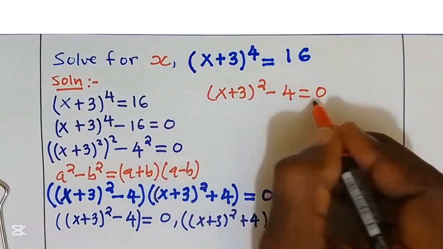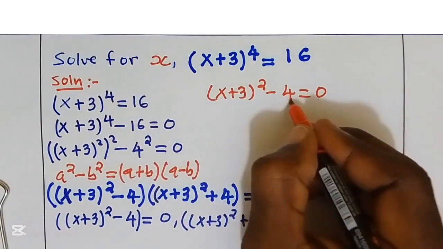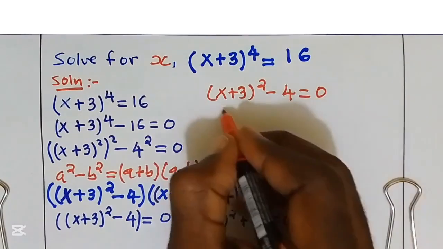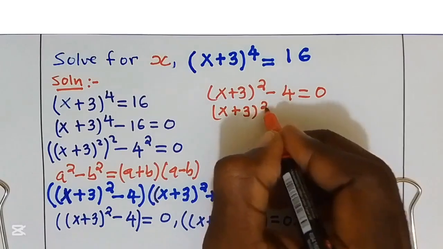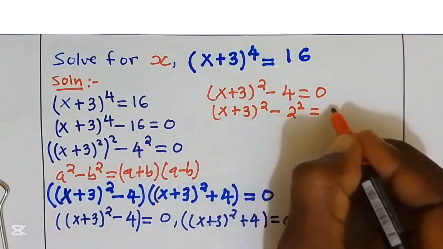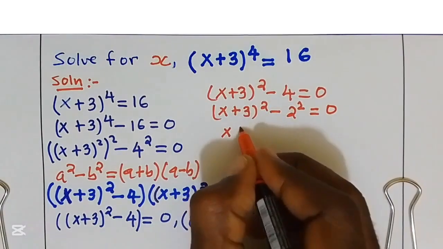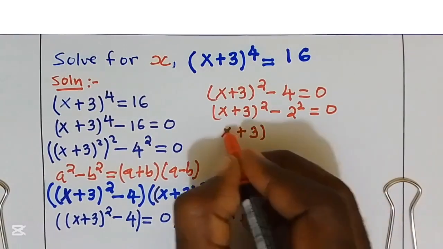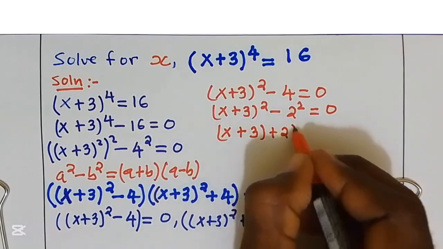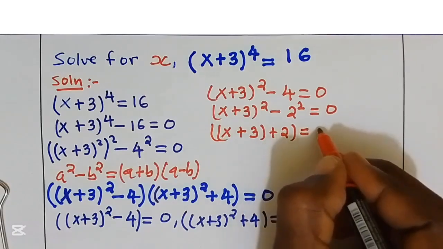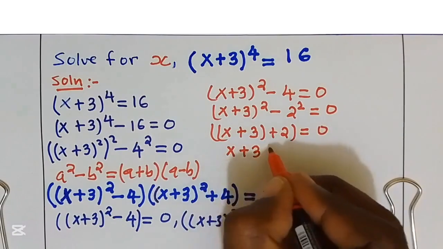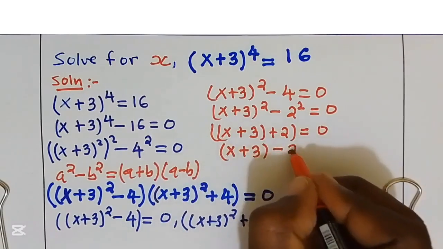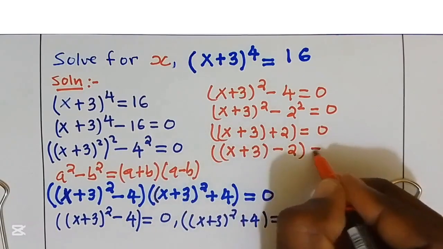This is another difference of two squares because I can put 4 in the form of 2 squared. That is (x + 3)^2 - 2^2 equal to 0. (x + 3 + 2) equal to 0, and (x + 3 - 2) is also equal to 0.